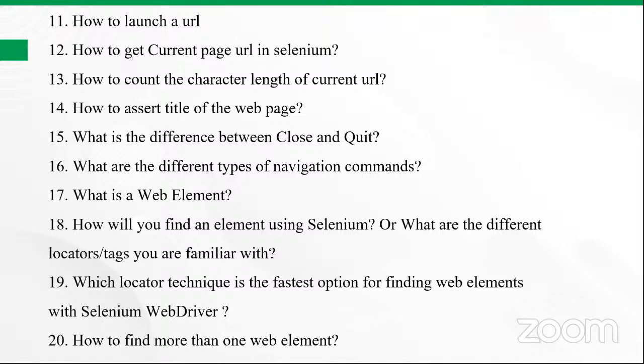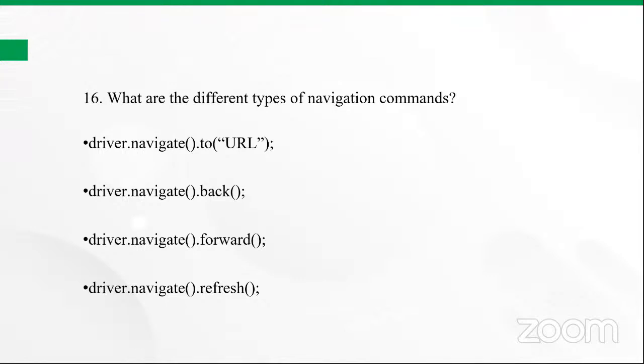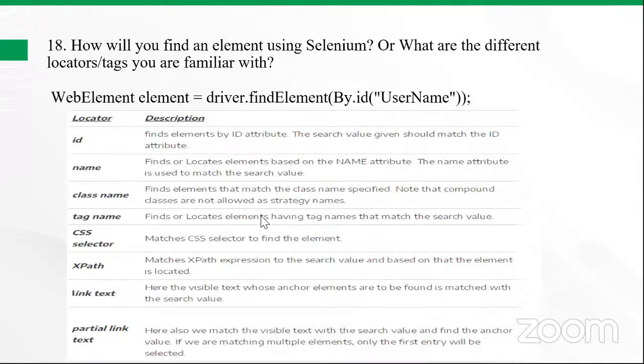So to get the web element object, we have to write the command driver.findElementBy.id, the value of the ID. So here username is the value of the ID attribute and it is used to identify that web element.